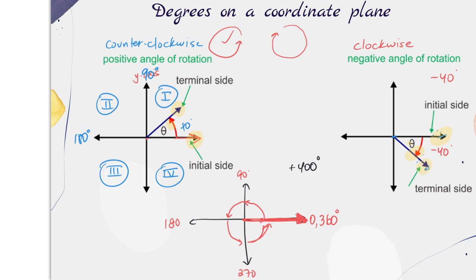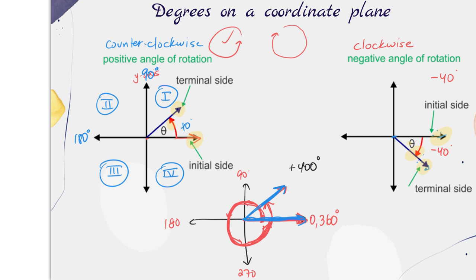Well, again, guys, if they want me to get to 400, I've got to do basically 1 revolution and 40 more degrees to here. Does that make sense, guys? Right? Because this revolution is 360 degrees, and then I have to go plus 40 more. So here's my initial side, here's my terminal side, and this is a 40-degree angle.